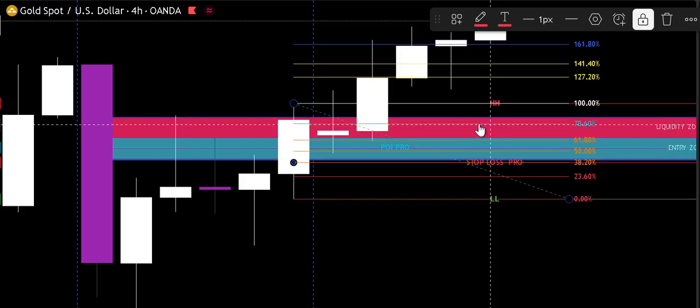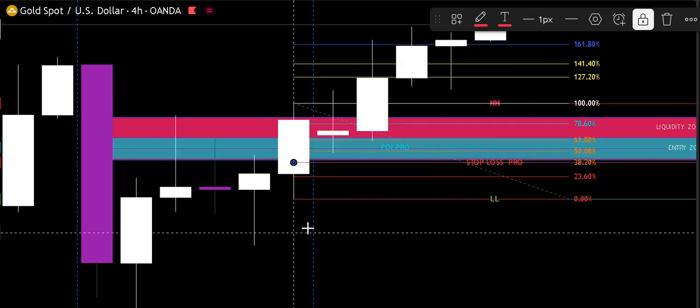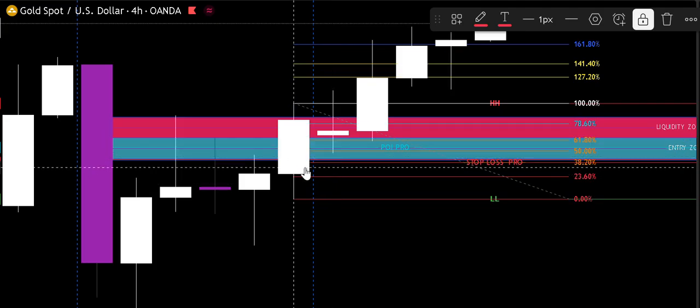After reaching here, we are going to move our areas. Okay, after saying this, we are going to see where we are going to enter properly.